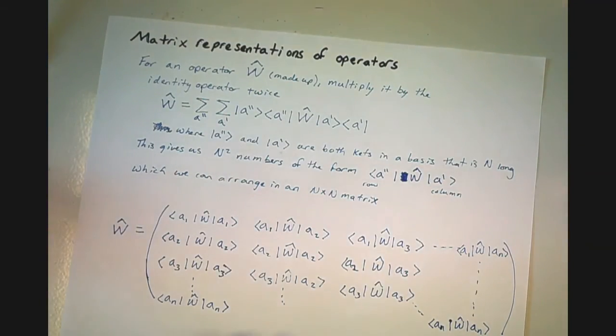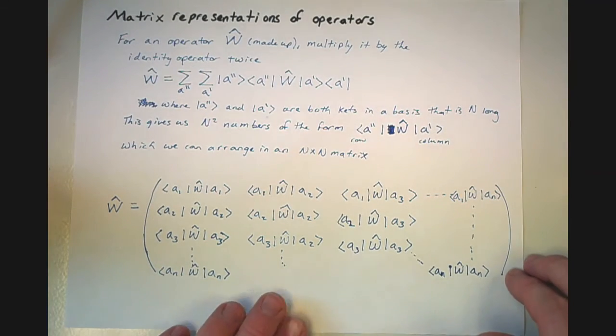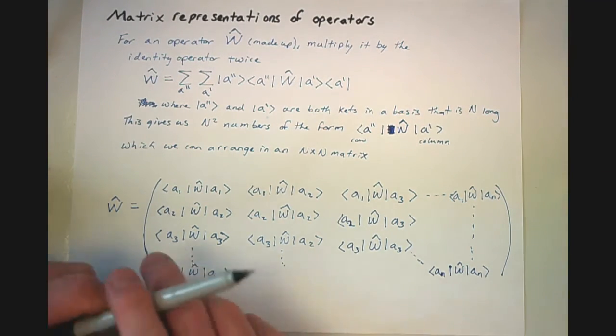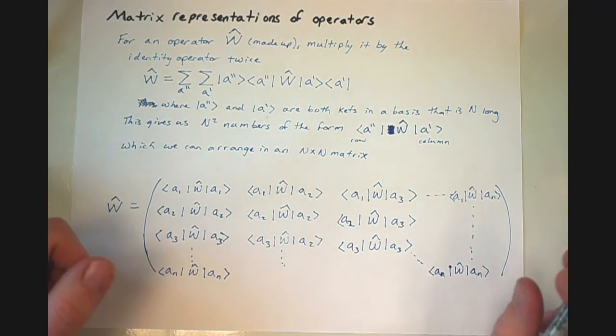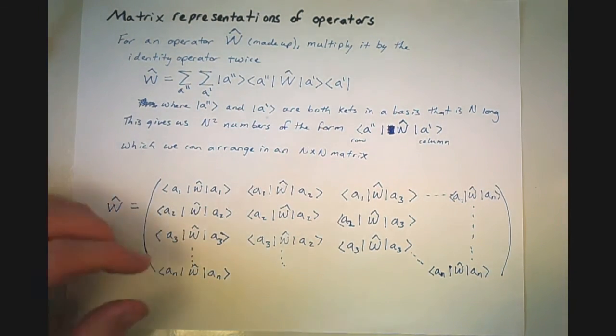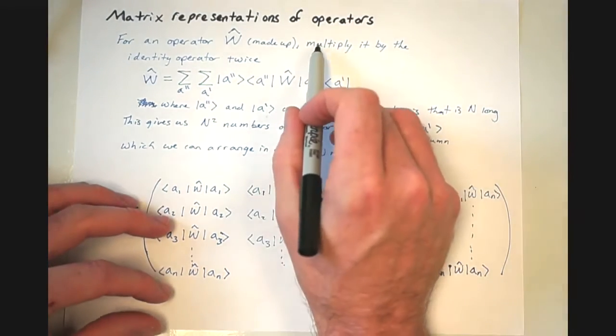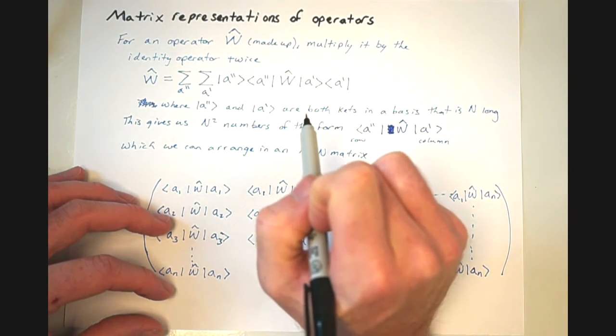So let's consider then a generic operator. If we have an operator, let's just say W, just a totally made up indicator for some operator, we don't know what it does. And let's go ahead and multiply it by the identity operator twice.